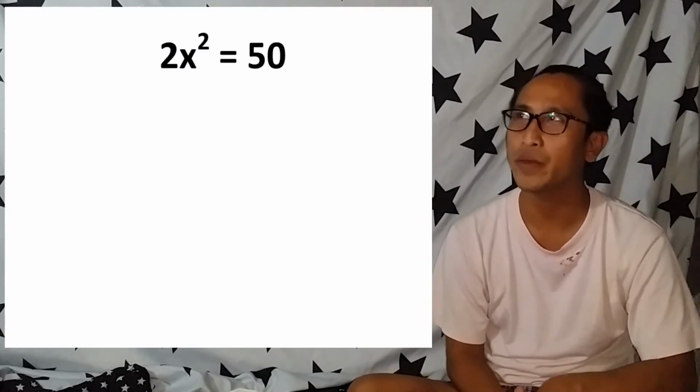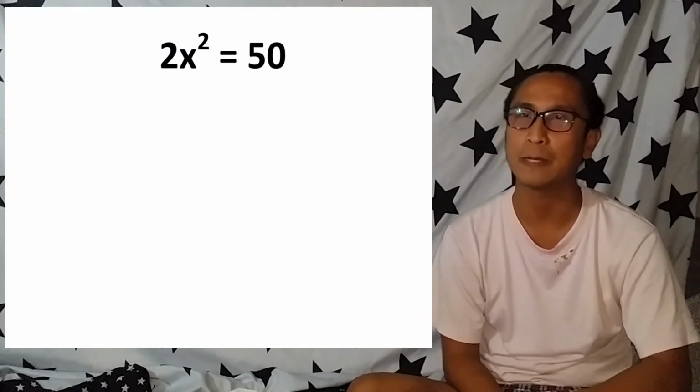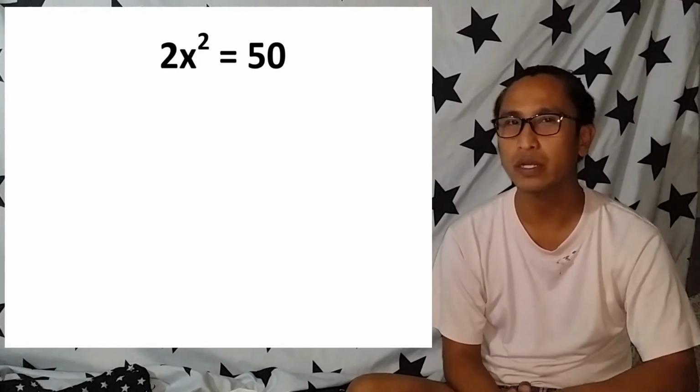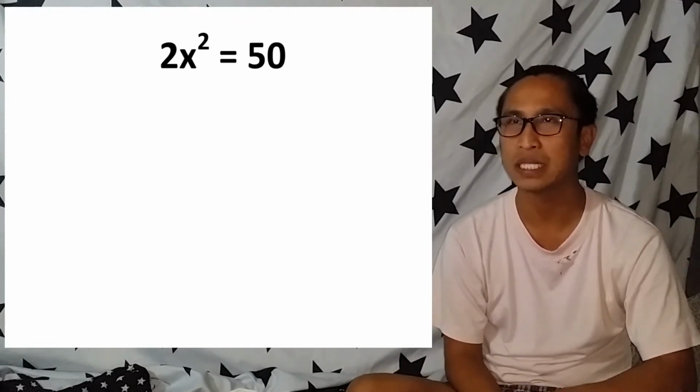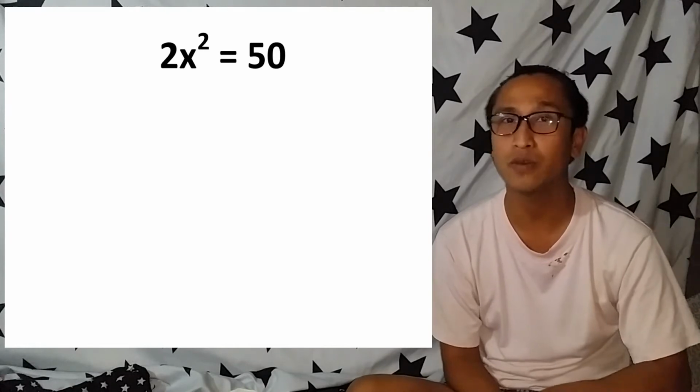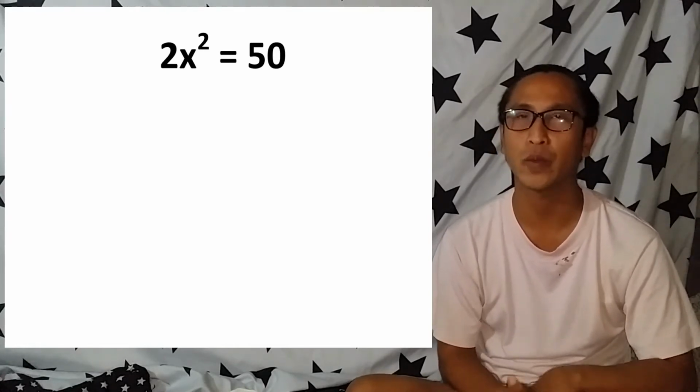What if our quadratic equation goes like this? 2x squared is equal to 50. So as you notice, a is no longer equal to 1, and the constant term is also not a perfect square.